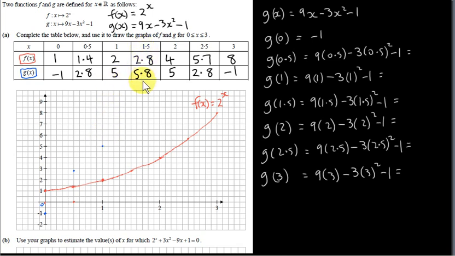G of 1.5 is 5.8. G of 2 is 4. I'm sorry, g of 2 is 5. G of 2.5 is 2.8.